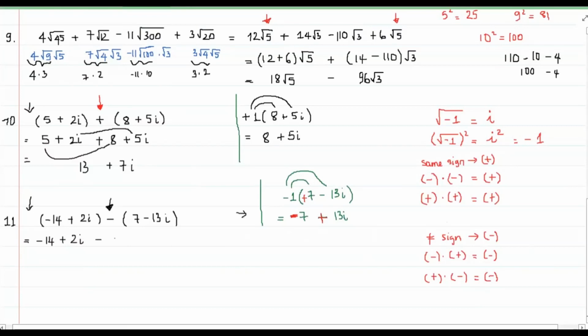That will be minus 7 plus 13i. Now combine like terms. Negative 14 and negative 7 make negative 21. Negative 2i and 13i is positive 15i.